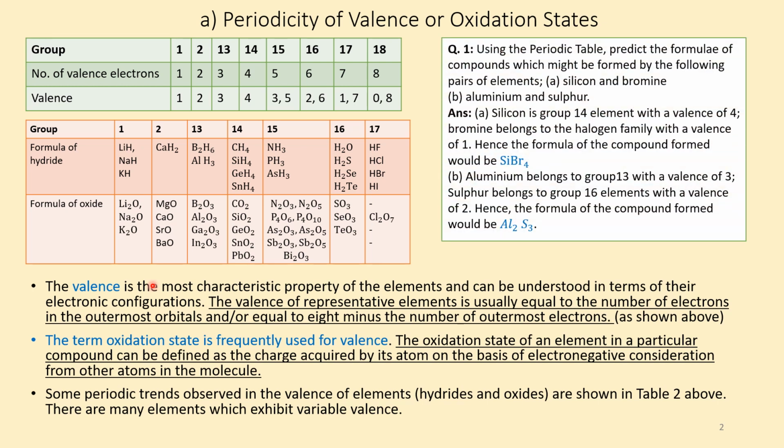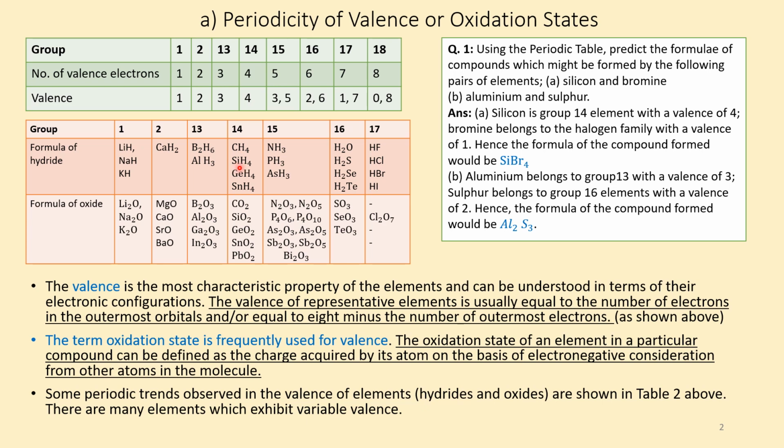Let us solve one simple problem. Using the periodic table, predict the formulae of compounds which might be formed by the following pairs of elements: number 1, silicon and bromine; and aluminum and sulfur. Answer: silicon is a group 14 element. See here, silicon falls in group 14.